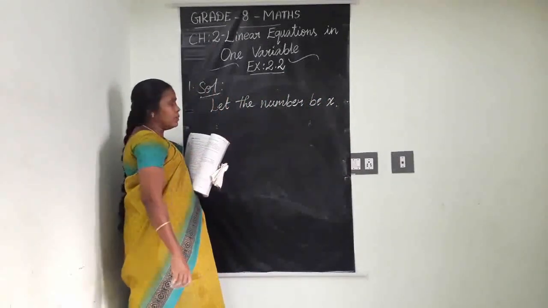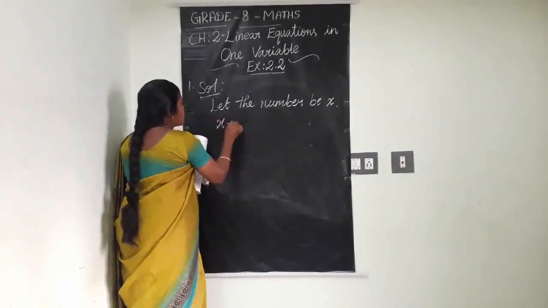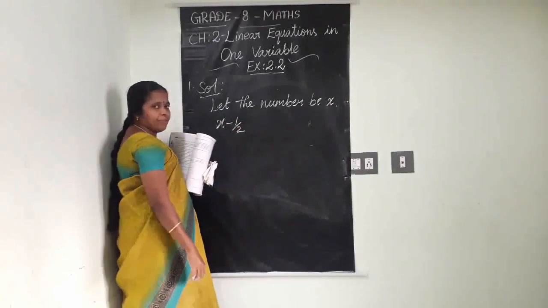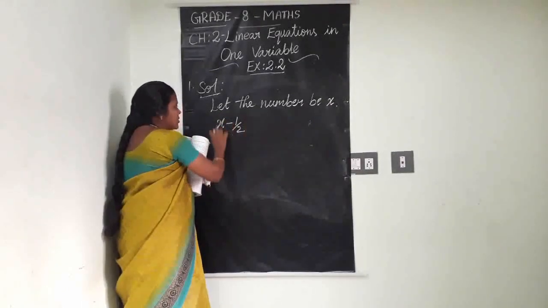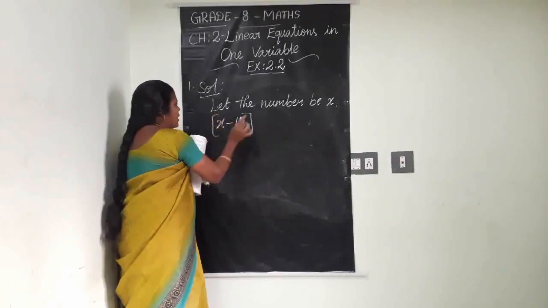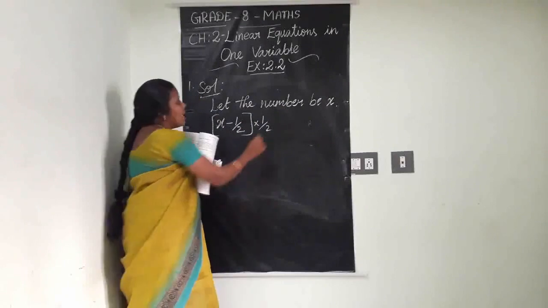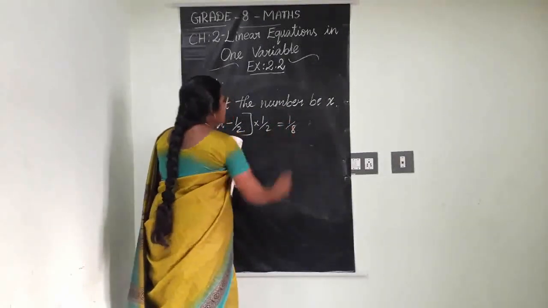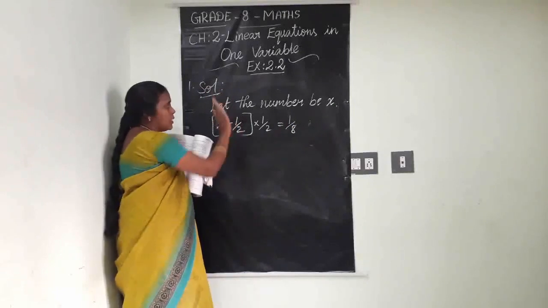That is the variable here. Clear? Let the number be x. So from that x only I am going to subtract half. Now this is the result. With this result, I have to multiply by half. At that time, my answer is 1 by 8. In this way only they gave the question.